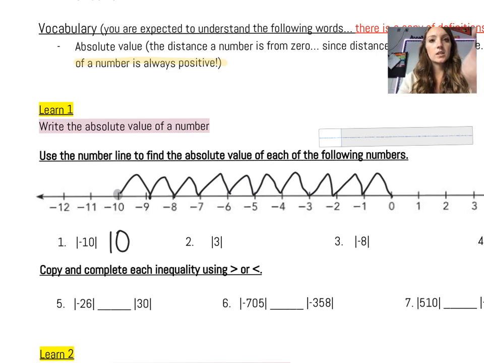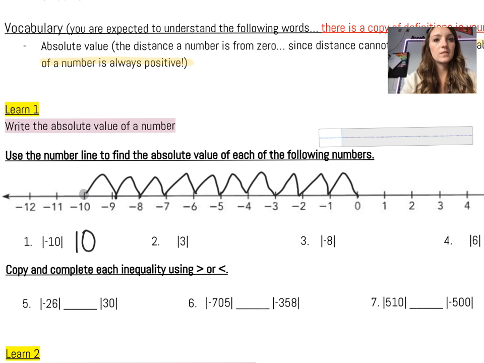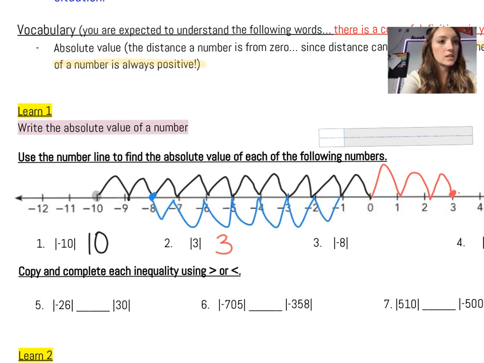Let's say I wanted to look at 3, the absolute value of positive 3. I want to count how many spaces it is away from 0. 1, 2, 3. Let's look at another example. -8, if I find -8 here, it's 1, 2, 3, 4, 5, 6, 7, 8.